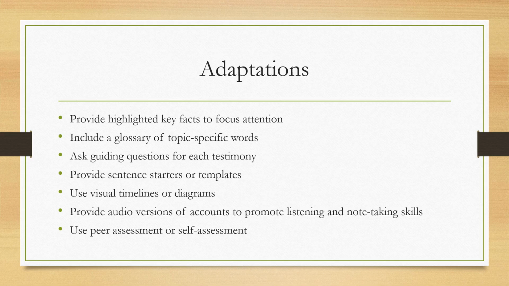Visual aids such as timelines or diagrams can support their understanding of the sequence of events, while audio versions of the eyewitness accounts can add an engaging, real-world dynamic while also promoting listening and note-taking skills. Finally, peer or self-assessment offers opportunities for reflection and feedback, creating a supportive environment for learners to engage with the text and produce accurate summaries.